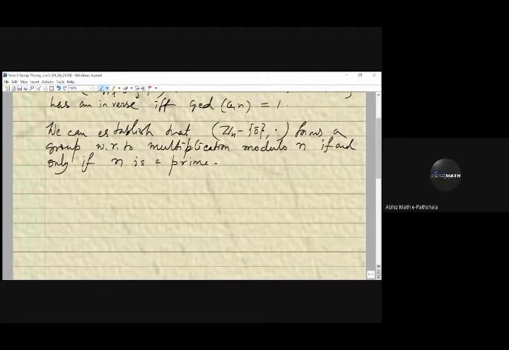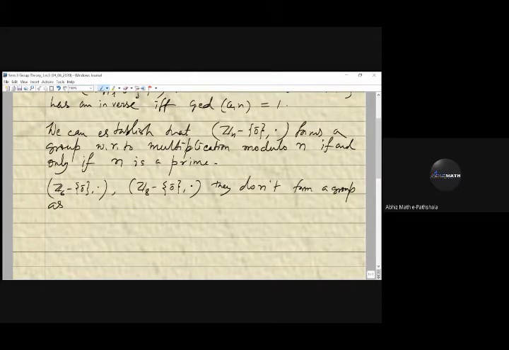And for this reason, we have seen that Z6 minus 0 class, Z8 minus 0 class dot, they do not form a group, right?